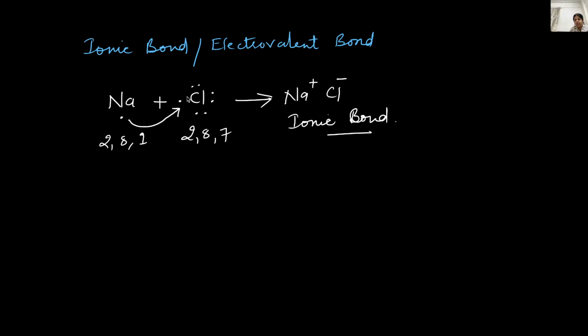These 7 electrons are shown on the chlorine symbol in the outermost shell, and there will be the loss of electron from sodium to the chlorine atom.